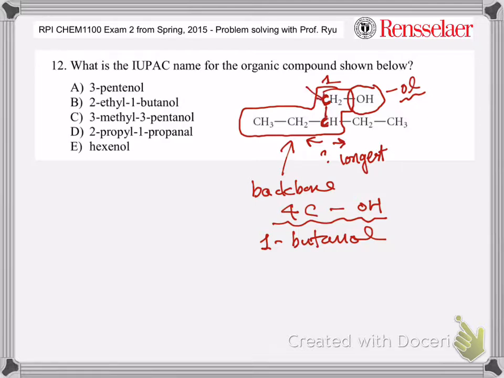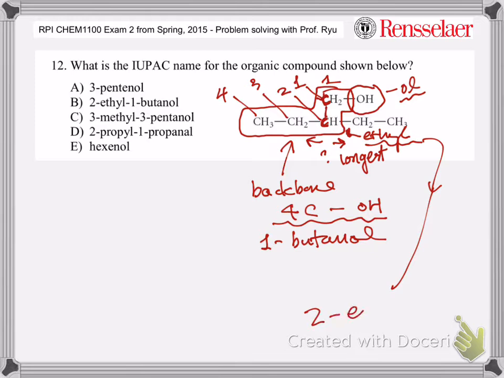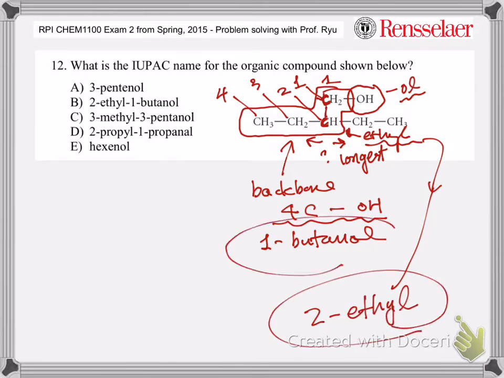Because this is carbon number 1, that becomes carbon number 2, this one carbon number 3, and that becomes carbon number 4. This ethyl is attached to carbon number 2, so that makes it 2-ethyl. Bringing these two together, you get 2-ethyl-1-butanol. That's the answer.